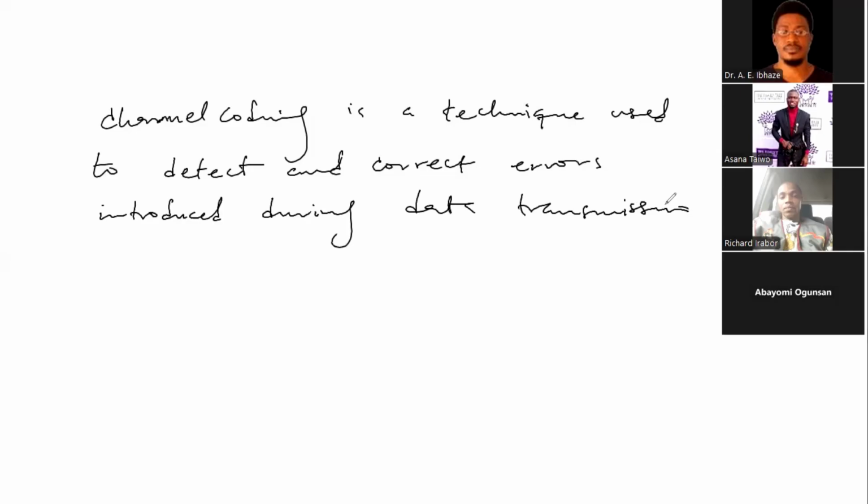Okay, so this is usually done by adding redundancy to the transmitted message, and then we allow the receiver to identify and correct the errors without necessarily calling for retransmission. Is this clear, please?